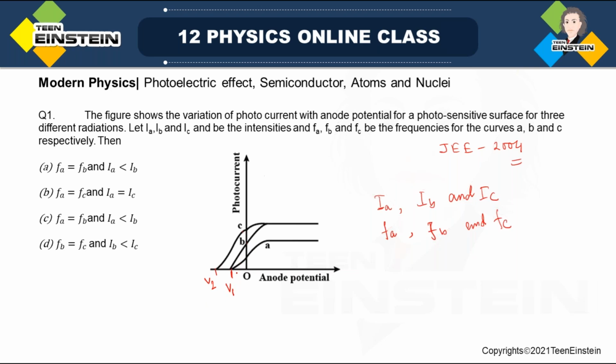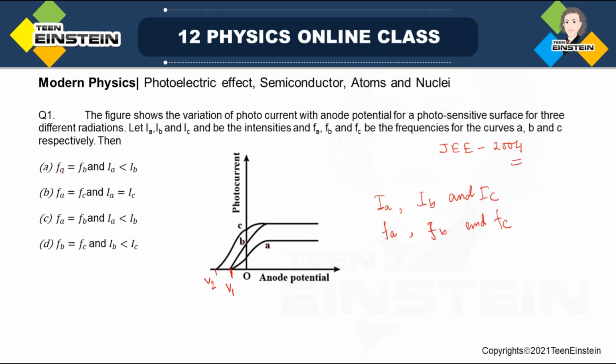This stopping potential is the same for A and B. The negative potential at which the photocurrent becomes zero is the stopping potential. The stopping potential for curve B and curve A is the same, that is V1, and this is less compared to V2.